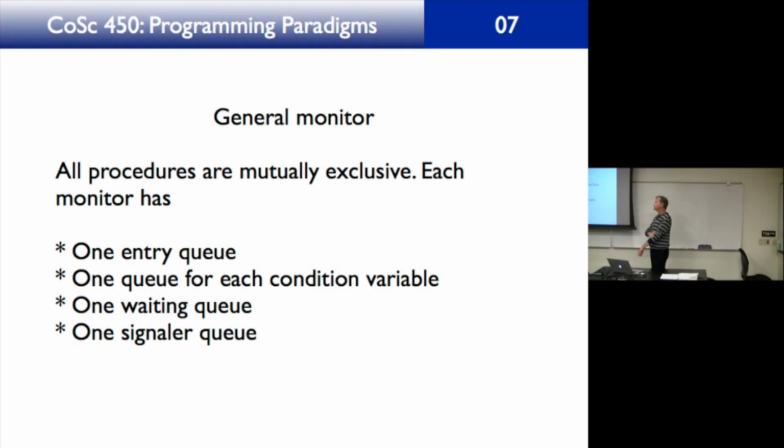Okay, so now, in the same way that we have a general way to do sorts, there is a general way to have monitors. And by the way, the reason we're going through all this is because, unfortunately, there is no standard monitor. It seems like every programming language and every library that provides a monitor provides a different kind.